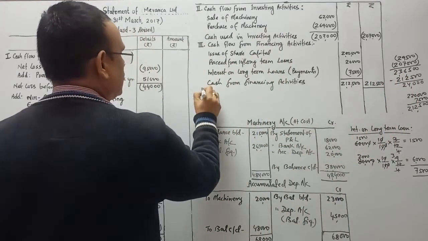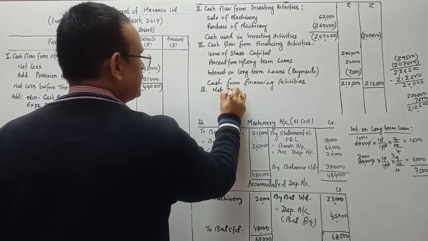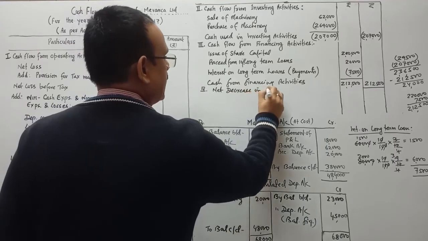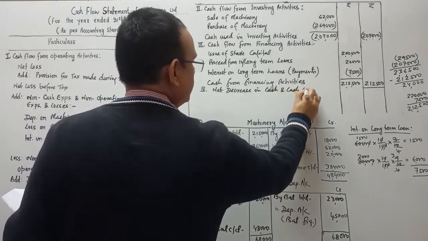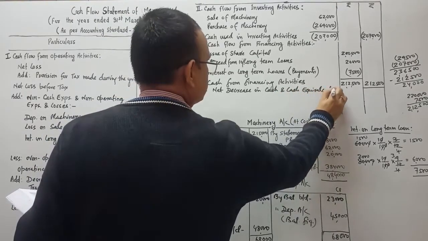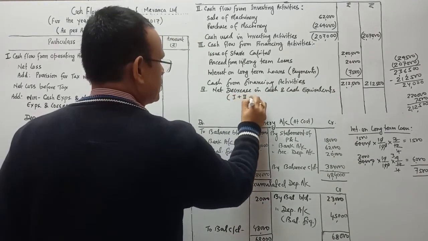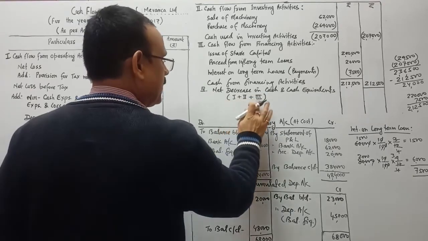So fourth one is net decrease in cash and cash equivalents. This is what? 1 plus 2 plus 3. 1 is what? Operating, investing and financing.